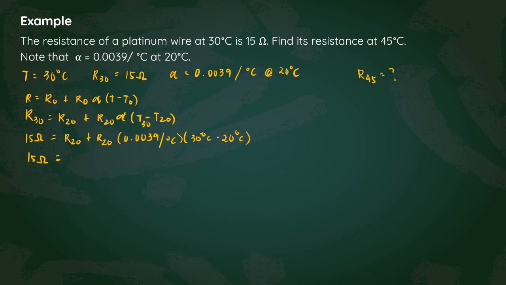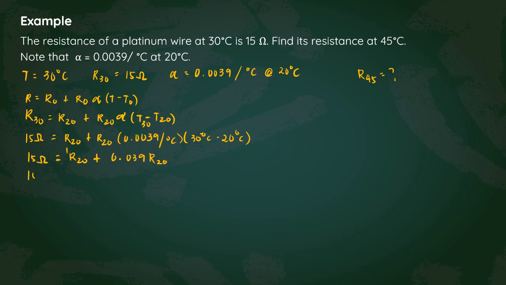So that will be R20 plus 10 degrees Celsius multiplied by 0.039, that will be 0.039 R20, since it is multiplied by R20. And we have here 1, right?